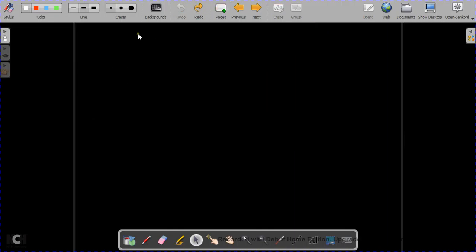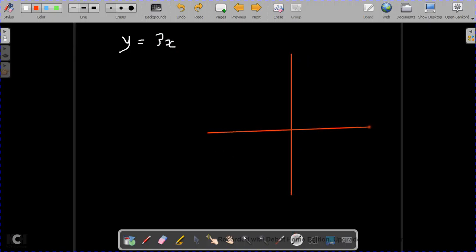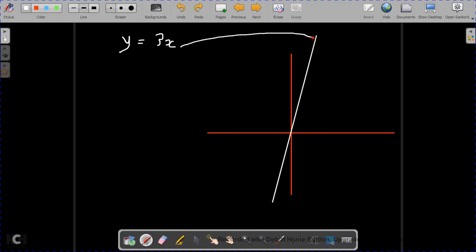So let's start with the equation y equals 3x. Well, first let's draw a set of axes. And this line here, 3x, goes through the origin. It's quite steep. So that's that line there. Now, what happens for the inverse operation? Let's do it algebraically.